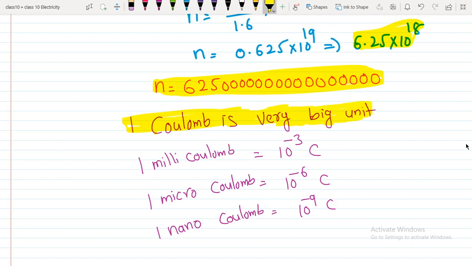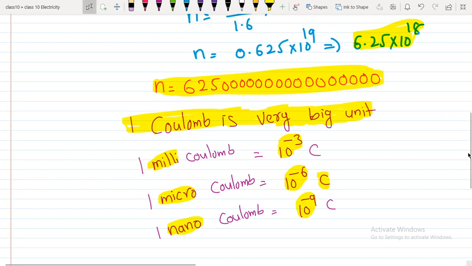So we represent charge in lower units: milli, which means 10 power minus 3, microcoulombs, where micro means 10 power minus 6 coulombs, and nanocoulombs, where nano means 10 power minus 9 coulombs.